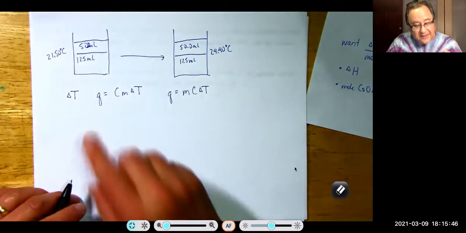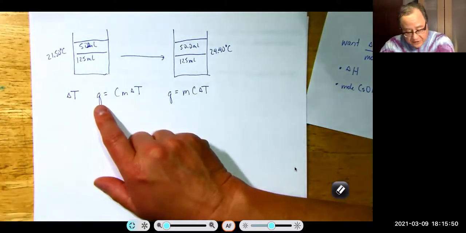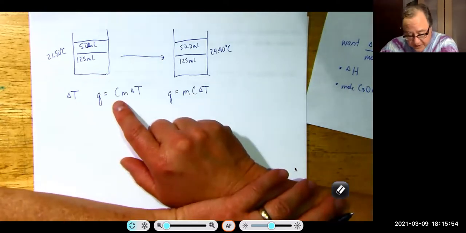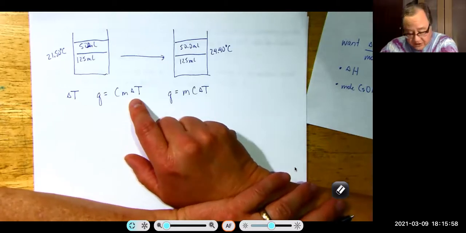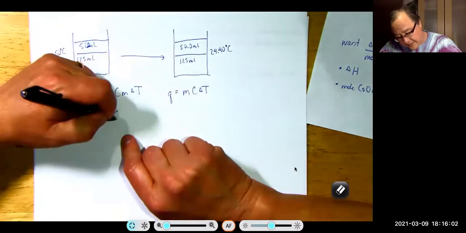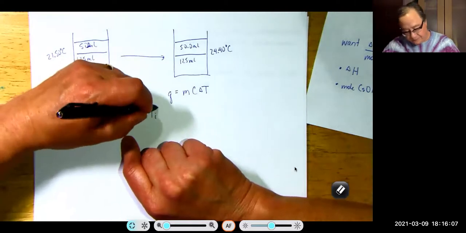Q is the heat energy, which we will also be using as delta H, C is the specific heat capacity of the solution, m is the mass of the solution, and delta T is the change in temperature of the solution, where we have T final minus T initial.